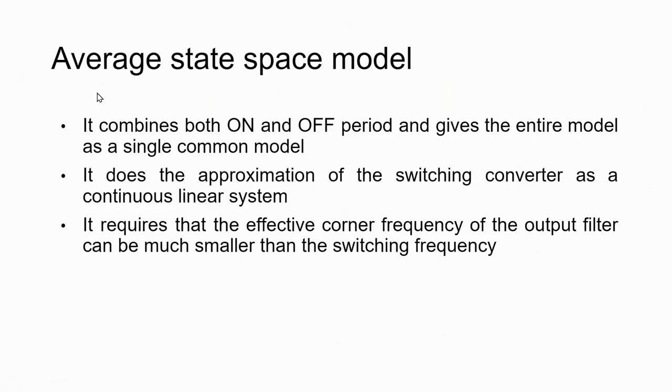To get the average state space model, we have to do the approximation of the converter as a continuous linear system. So it requires that the effective corner frequency of the output filter be much smaller than the switching frequency.